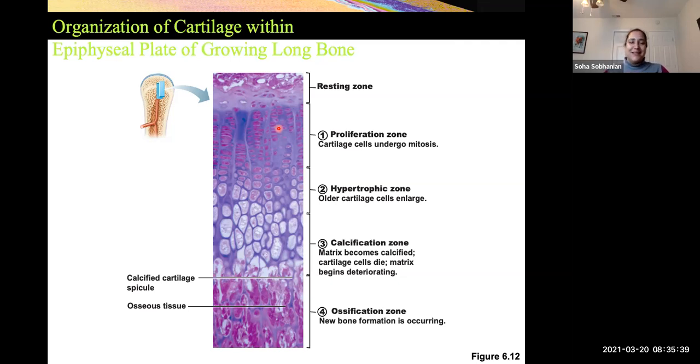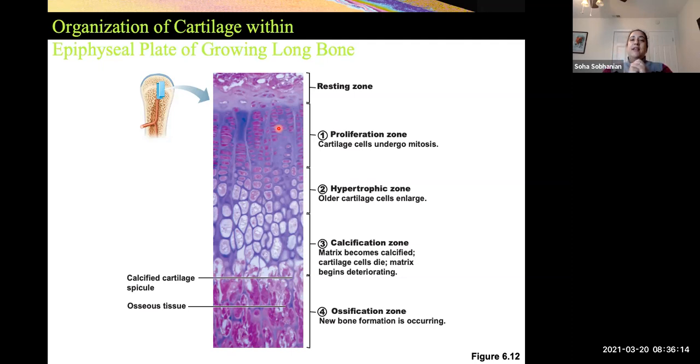Imagine you have your lemonade, guys, and as people are drinking from the bottom, the same amount is being added on the top. Then the level of the lemonade will not change, right? You will keep the same amount. That's basically what I'm saying. You're adding cartilage on the top at the same rate you're converting it to bone tissue. So with the same ratio, the thickness of your epiphyseal plate will not change. It stays the same.